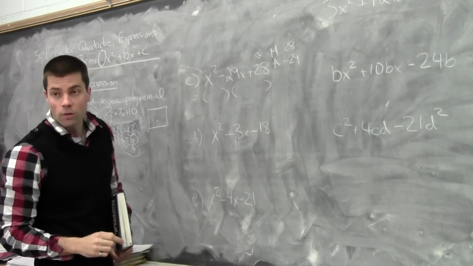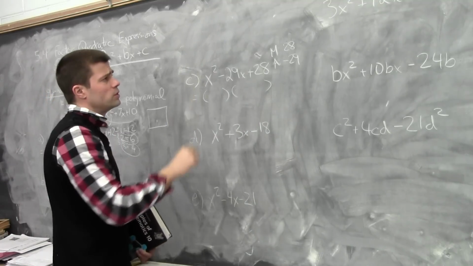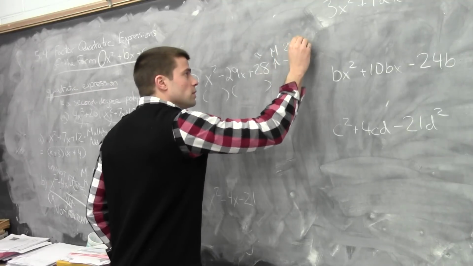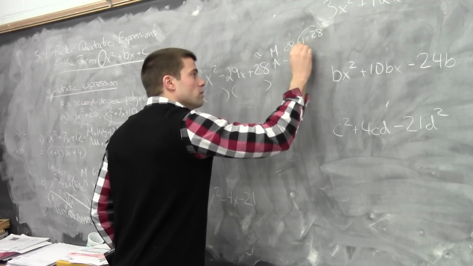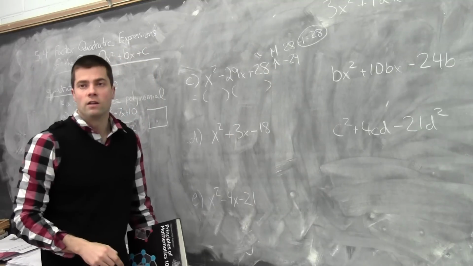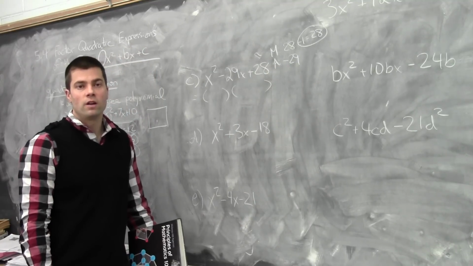All right, so this one's a little bit more difficult. You might not know what numbers multiply to 28 but add to negative 29. But if you go through the process that I've taught you very quickly, you'll see right away. Can you use 1 and 28 to make 29? Yes, but there's a problem with the signs, right?